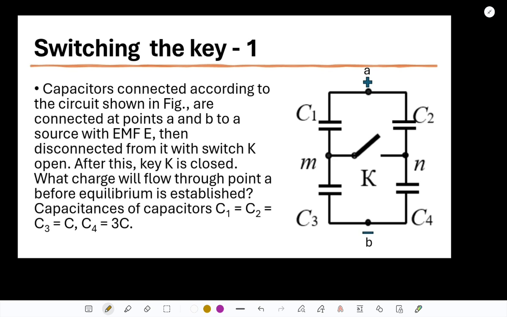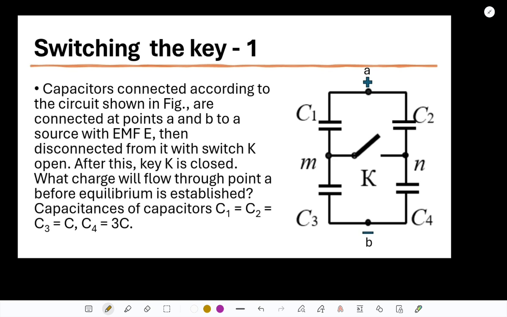and switch K is open, and in such a case I can see that C1 and C3 are connected in series, and so C2 and C4 are also connected in series.